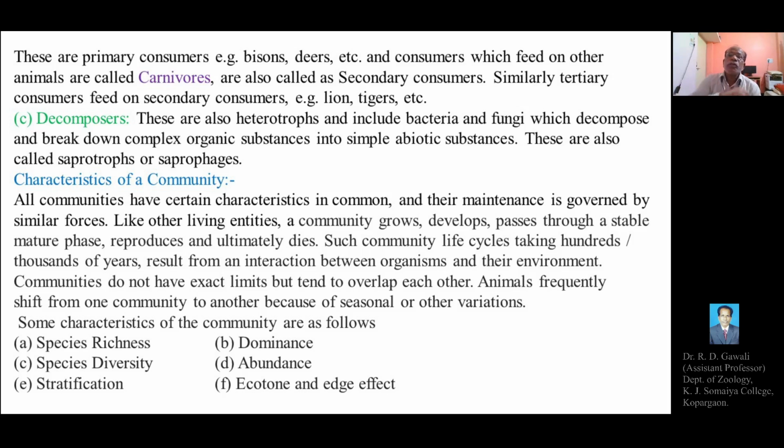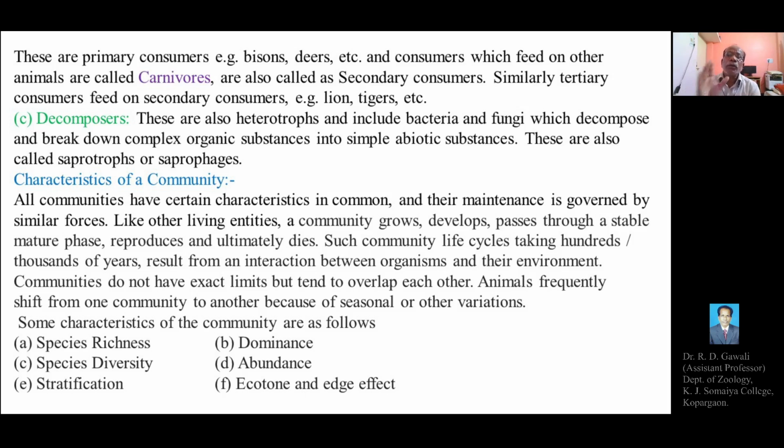So, for the maintenance of every community, there are certain common characteristics, and the maintenance of all communities is governed by similar forces. Like other living organisms, a community grows.